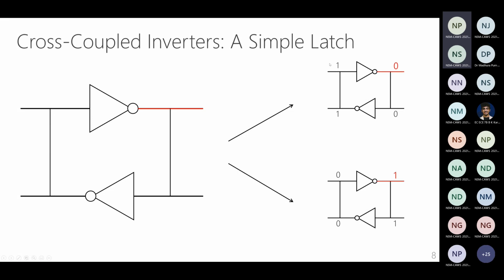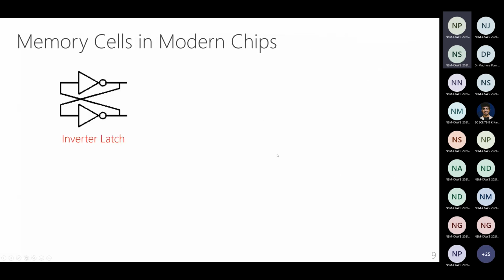So the moment I set this device in this 0 state, it remains stable in that state. Similarly, the other stable state is the 1 state, where I initially feed the top inverter with the input of 0. This is the inverter latch, shown in a different way.